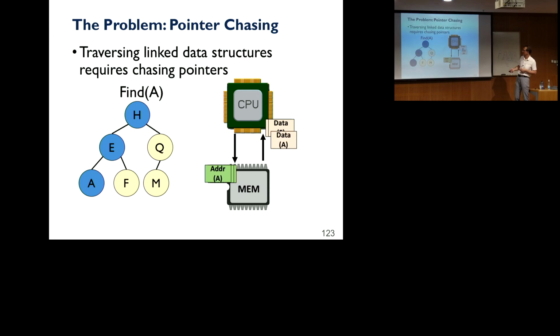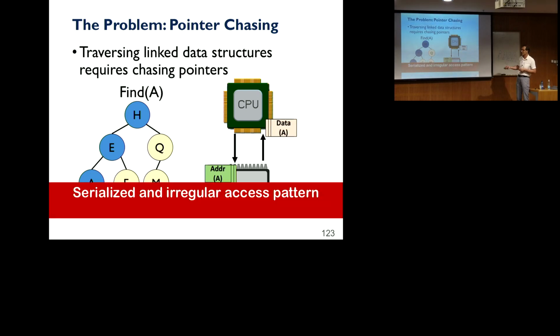Hopefully that's clear. You have serialized and irregular access pattern. Right? And we actually analyzed real workloads and real systems. When you're doing pointer chasing, you get 6x higher cycles per instruction compared to other parts of the workload, which is as expected, right? You're really bound by the latency of the memory over here.